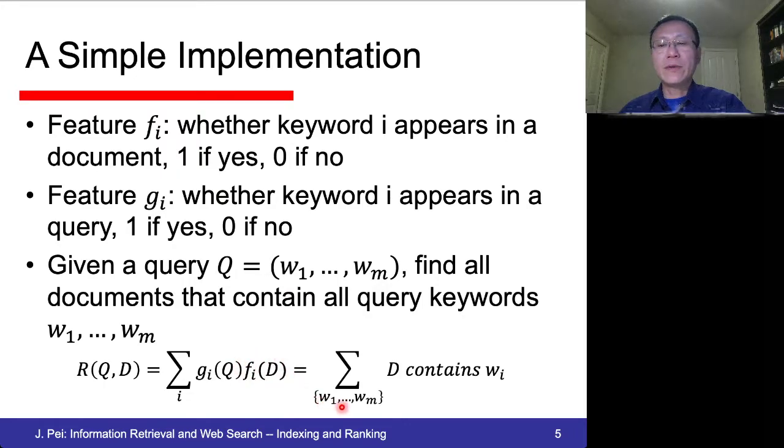Therefore, the document ranking score of a document d is, among all the keywords in the query, how many of them are indeed contained by document d.